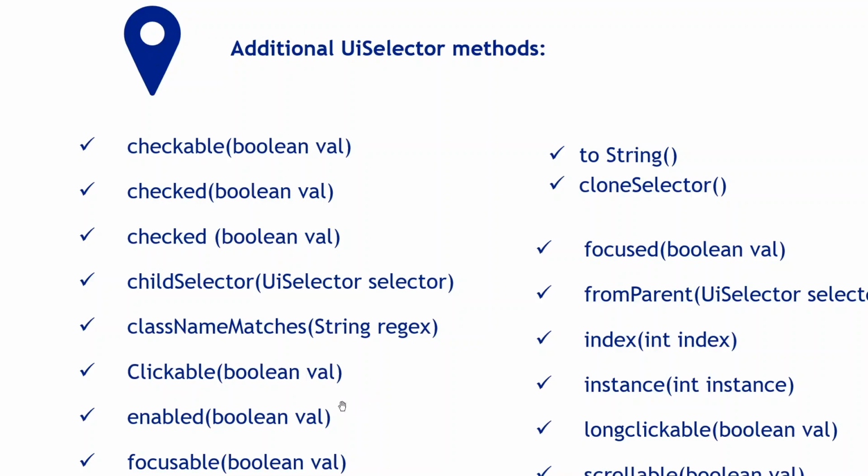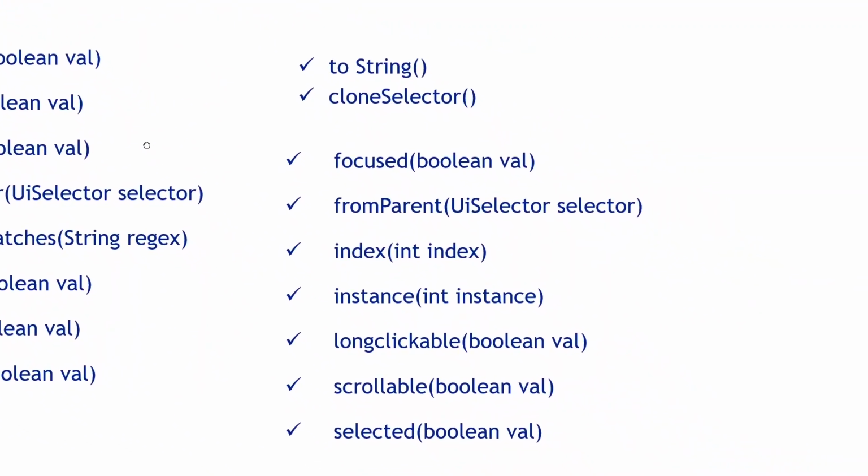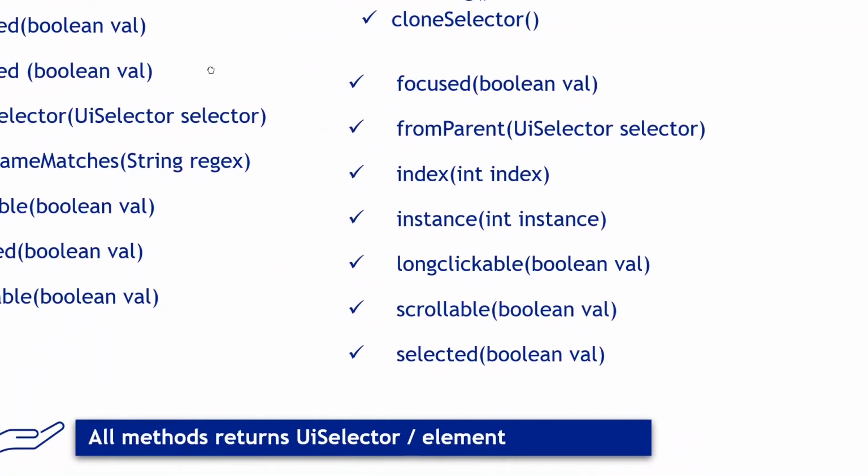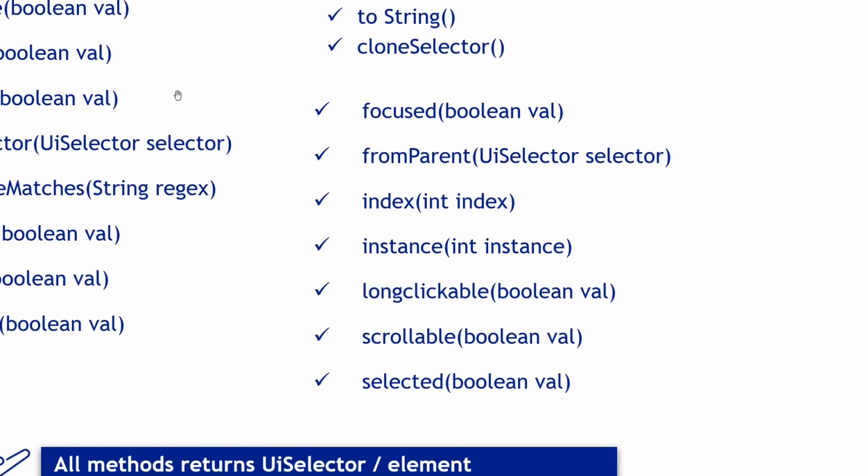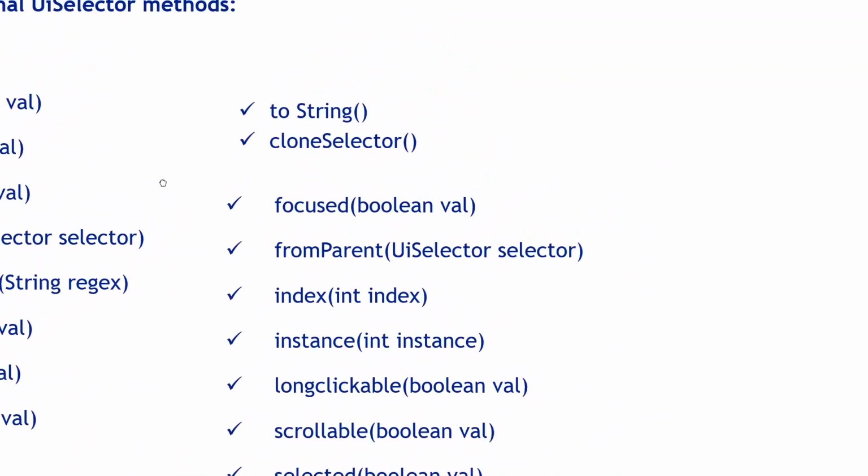Child selector, clickable, enabled, focusable, whatever the methods, properties, attributes, everything available with the standard selector is the same applicable. All UI methods return a UI selector or element. So, how find element is written for the standard, similarly it will return the element.